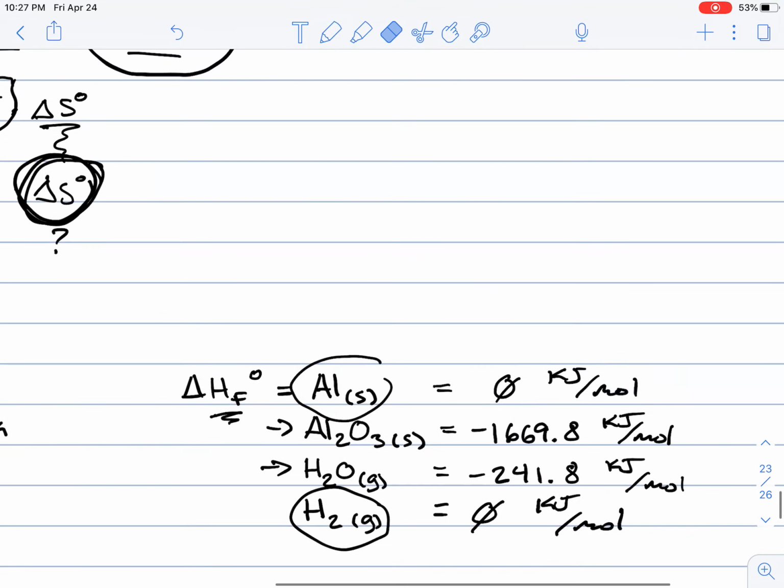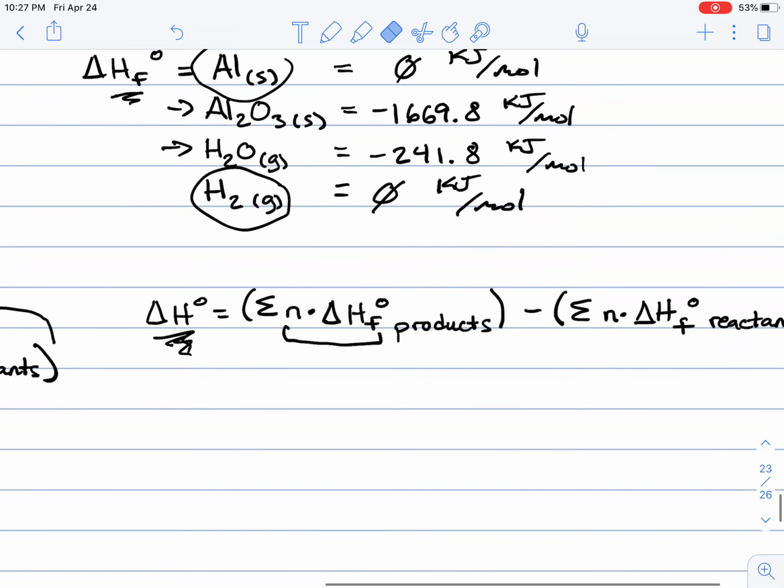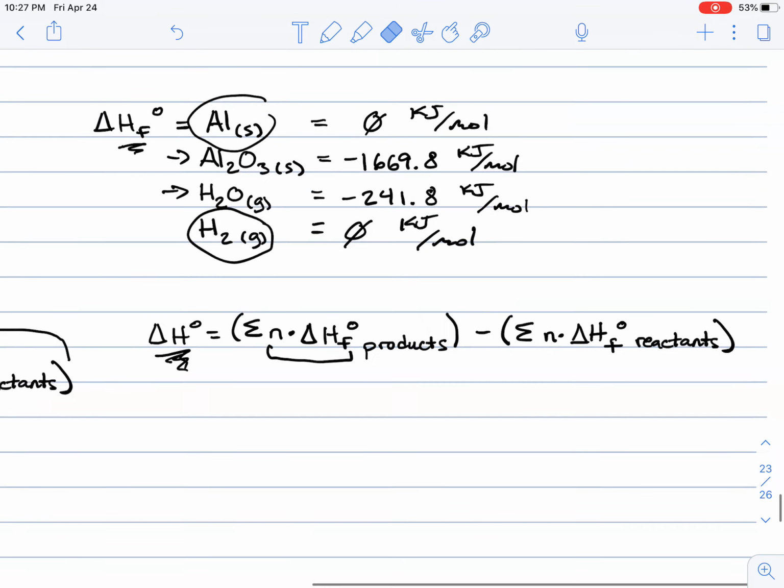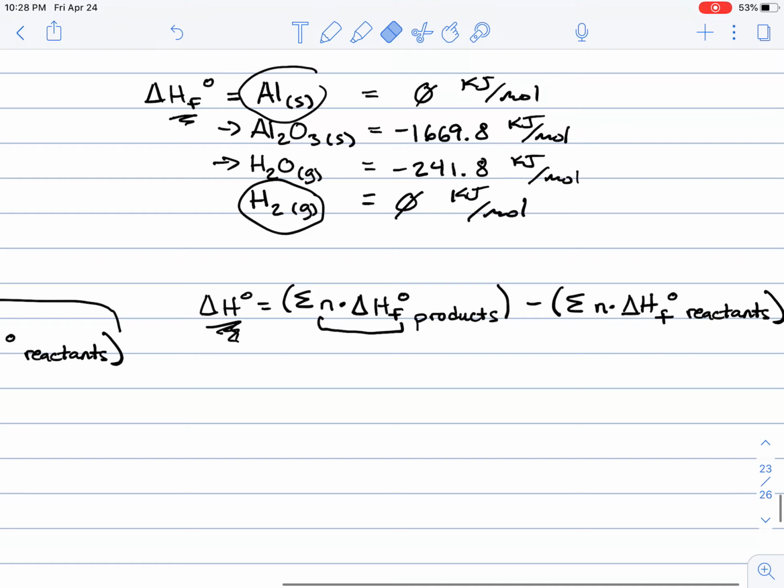So that's going to be our product. So we only have one product in this scenario. So 3 moles times negative 241.8 kilojoules per mole.